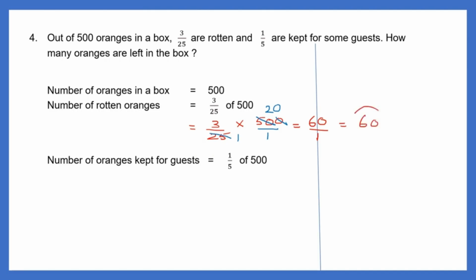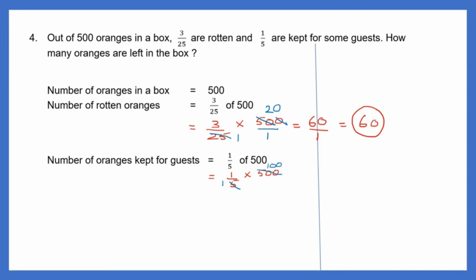So we have this number first. Now some are kept for the guests. Now let's see how many are kept for the guests. 1/5 of means into 500. So can we cancel something here? Yes, 5 ones are 5. 5 hundreds are 500.